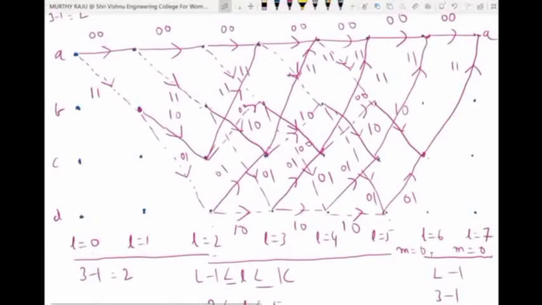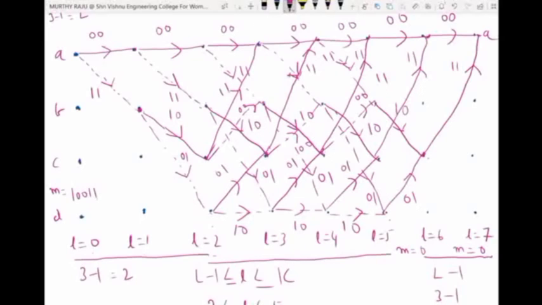By using this Trellis structure, I have to encode the given message sequence. The given message sequence here is M is equal to 1 0 0 1 1.